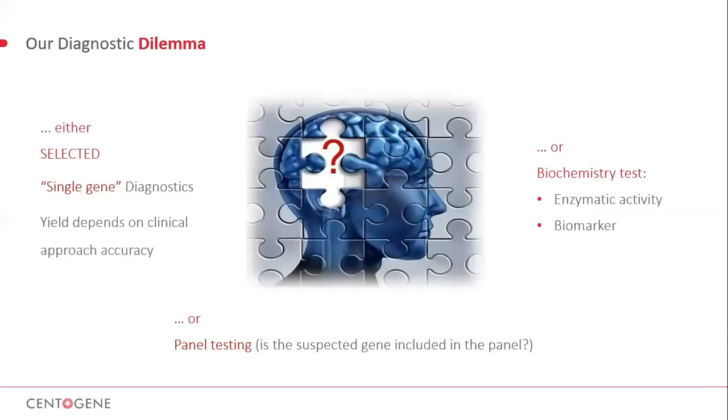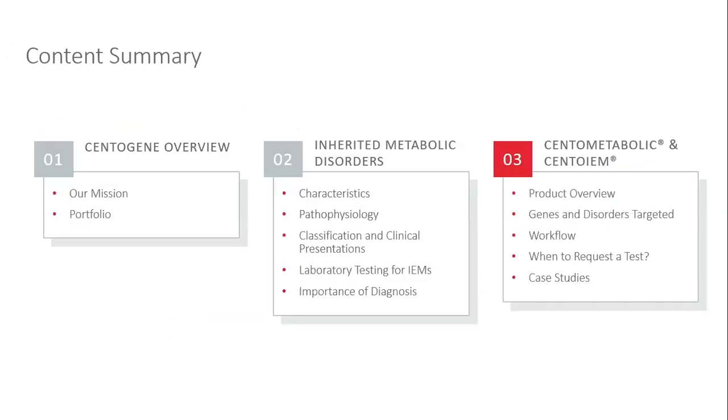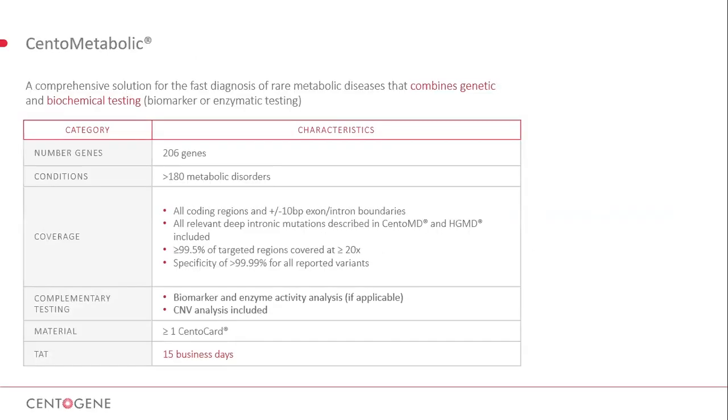And now that we are suspecting one of these disorders, we have to decide how to approach them and what technique or study to perform. This will depend on the experience in the center and also on the certainty of the clinical suspicion. At Centogene we developed two diagnostic tools to approach these disorders.